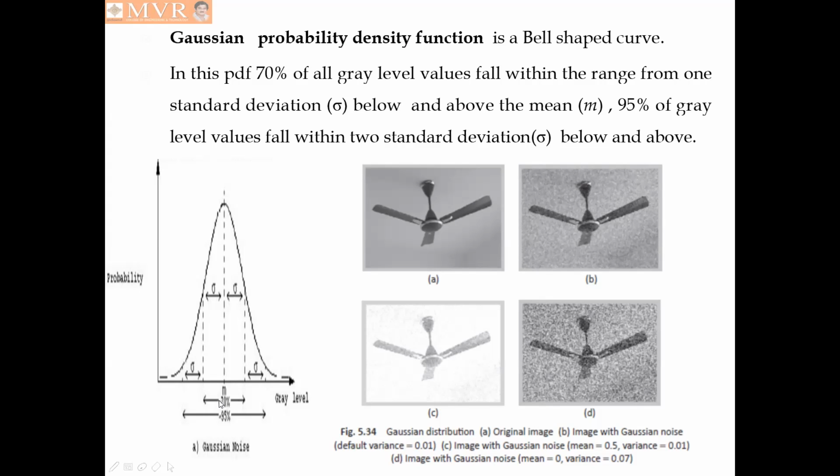Here you can see 70% will fall one standard deviation above and below the mean value m, and 95% within the 2 standard deviations.